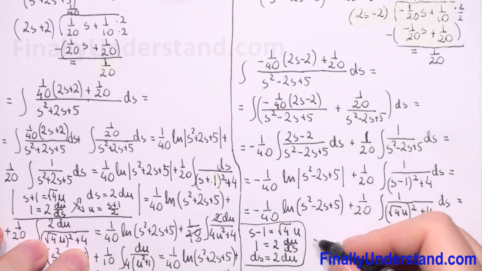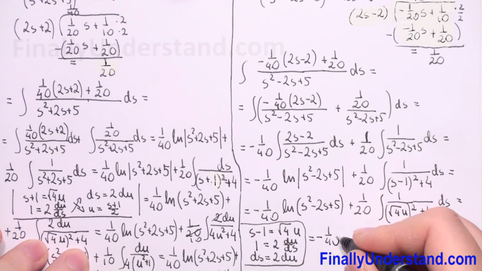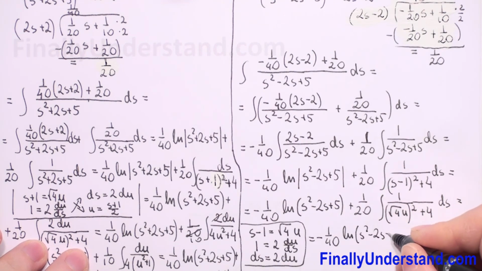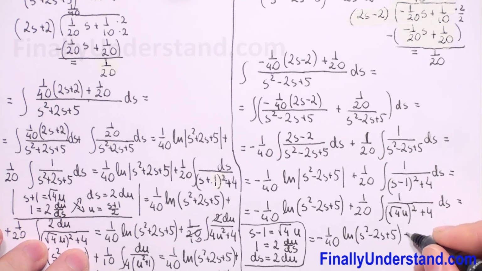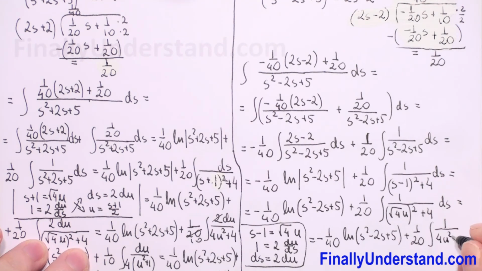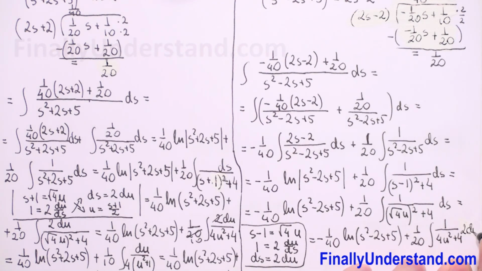So this is equal; we have to copy the first expression. We have negative 1 over 40 natural logarithm of s squared minus 2s plus 5, plus 1 over 20, and we have the integral of 1 over (square root of 4) to the second power, so it will be 4u squared plus 4, times ds, which is 2 du. So we have 2 du.